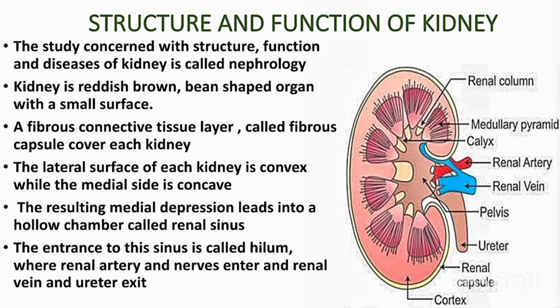Concave means that there is a depression in the shape of anything. The resulting medial depression leads into a hollow chamber called the renal sinus. So there is a depression on the medial side, and this depression has a cavity inside it, and that cavity is called the renal sinus.